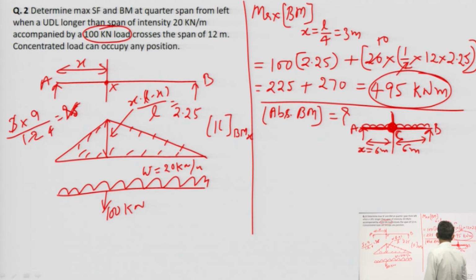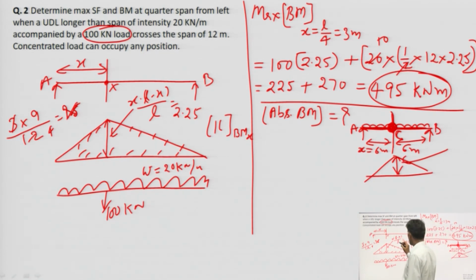Okay. And since we know the shape of the IL will be this, and that ordinate will be how much? x into (L minus x) by L. So, when x is equal to L by 2, then it is L by 4, means 12 by 4, it is 3.